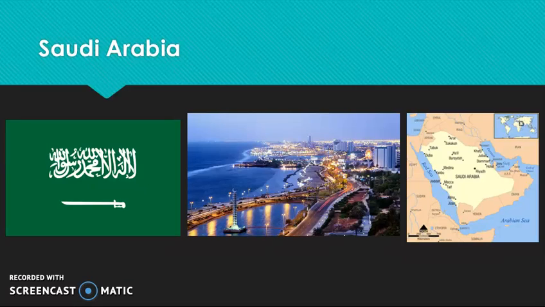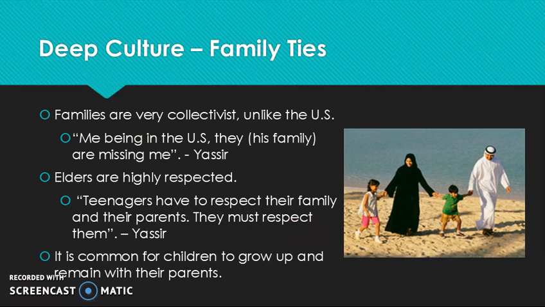Let's continue. We'll move into the deep culture part of my project. I chose to do family ties because I thought the family culture in Saudi Arabia was very interesting and different from my own. Families there are very collectivist, as opposed to the US, which is individualistic.